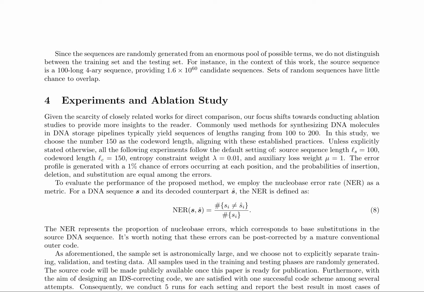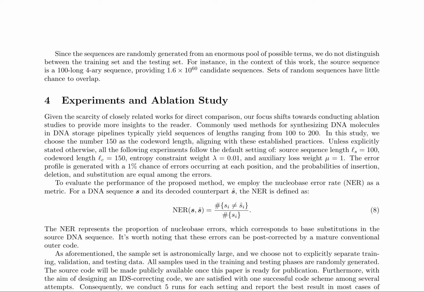The paper presents the performance of a novel method in generating DNA sequences for storage, leveraging a 100-long 4-array sequence as the source sequence. This approach yields an impressive 1.6 × 10^60 candidate sequences. Due to the scarcity of closely related works, the focus is on ablation studies to evaluate the method's efficacy.